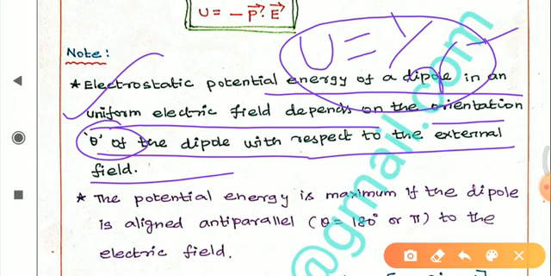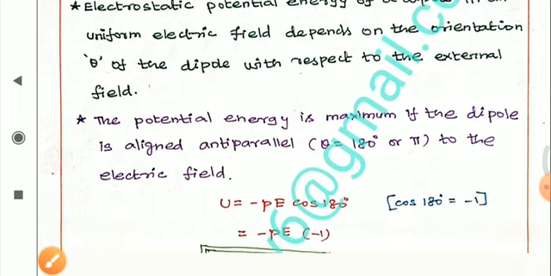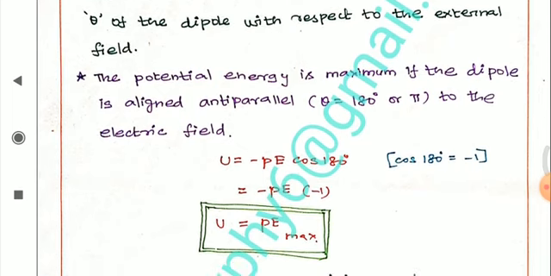What is the difference between these two? This is for point charges, this is for a dipole. Are you clear?